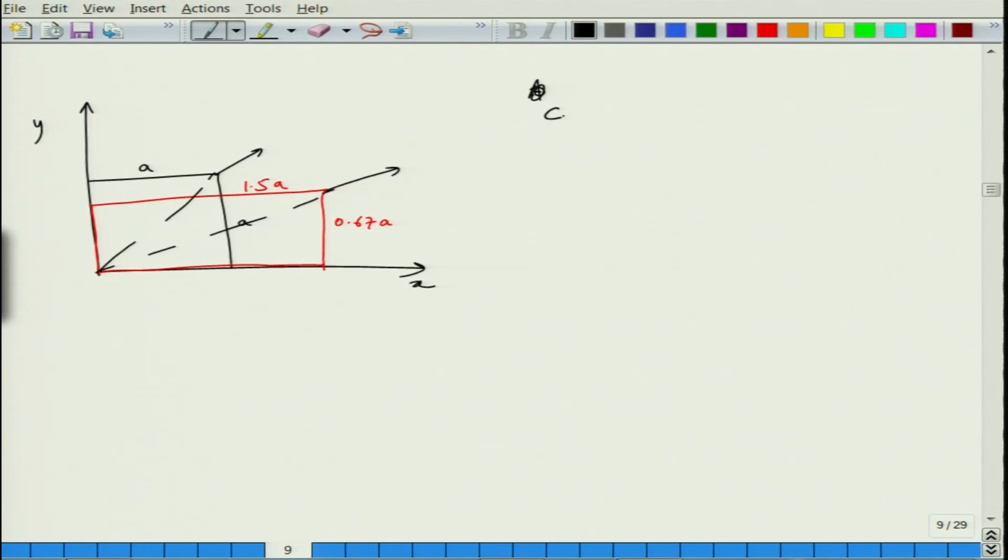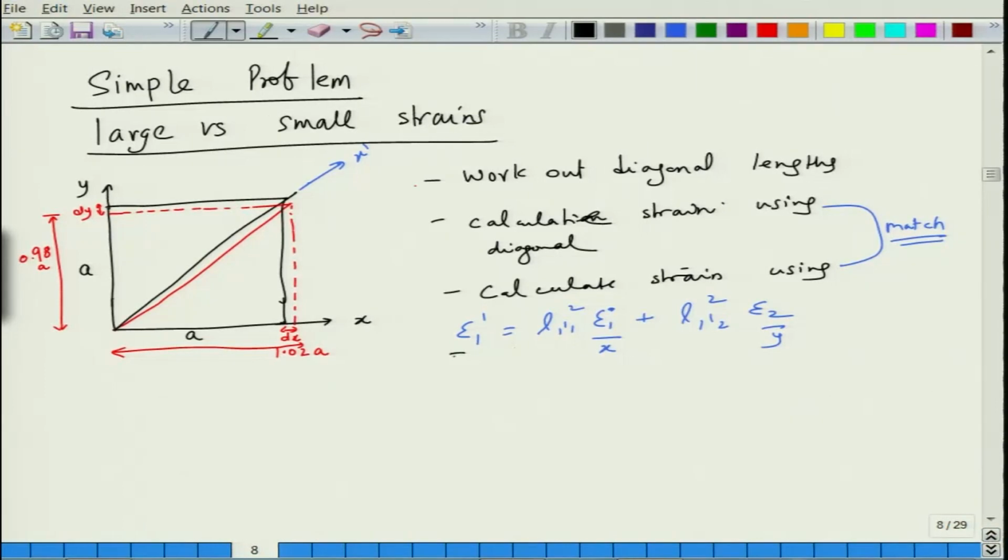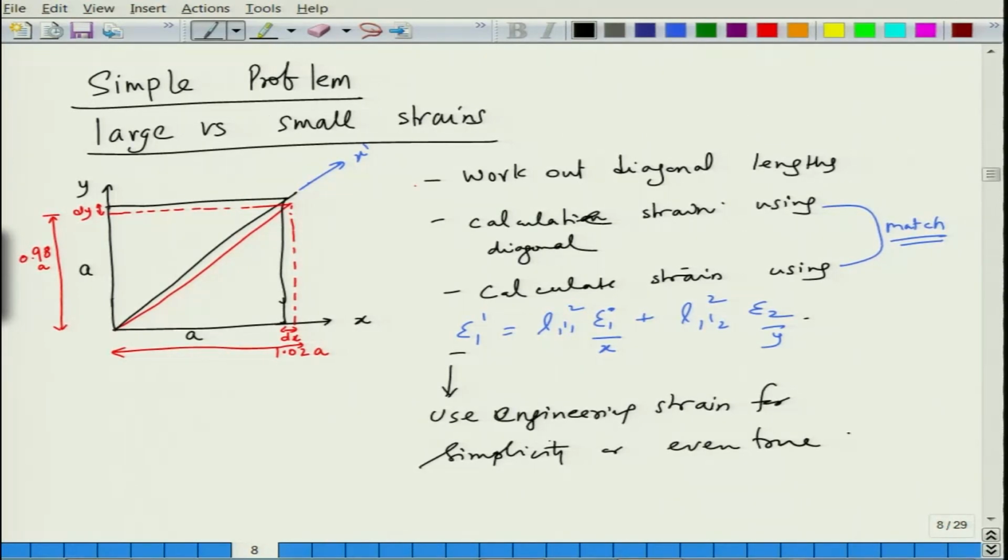So instead of using true strain, you can use engineering strain for simplicity, or even true strain. Both of them should give you at least a rough idea.